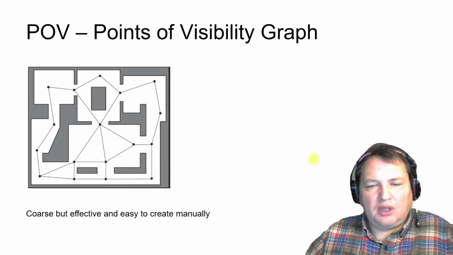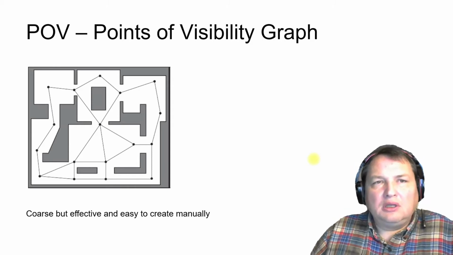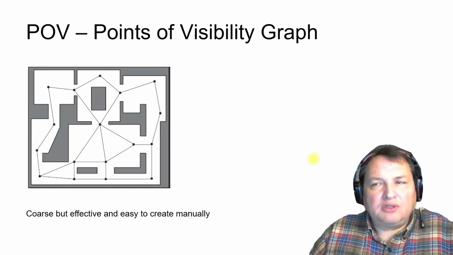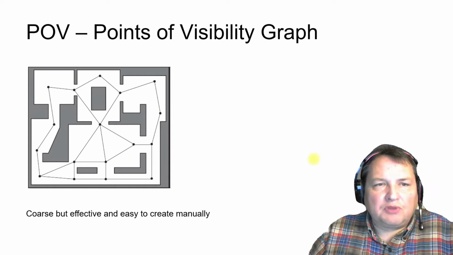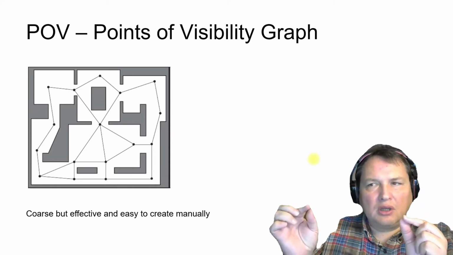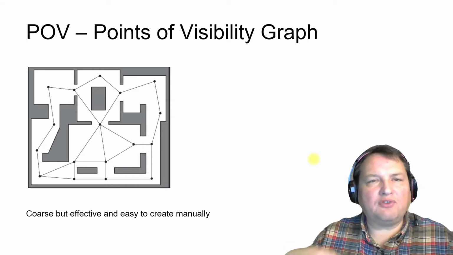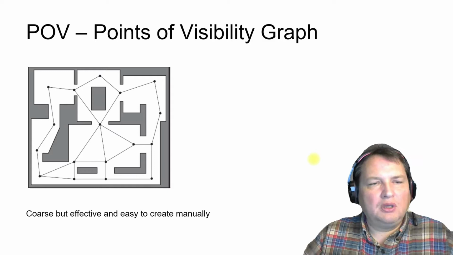So, the approach I introduced in the first episode is called the points of visibility graph. This is because each pair of nodes with a connection has to satisfy the visibility condition.